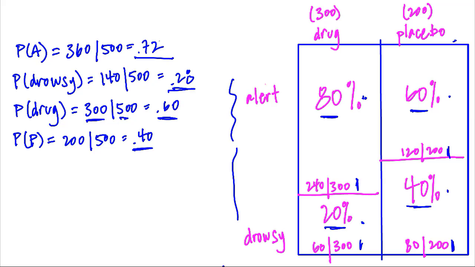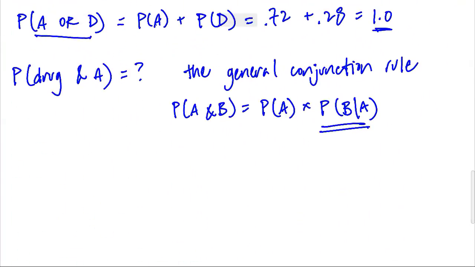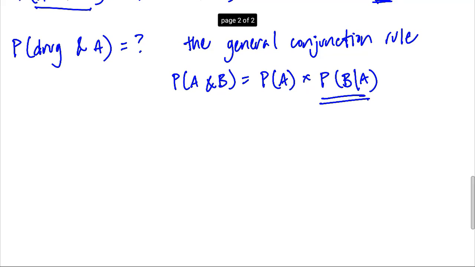If these two at the bottom are the same, which would mean these two at the top are also the same, then the variables would be independent. Okay, but they're not. So our variables are associated. So we use the general conjunction rule to find the probability of selecting someone from this population who got the drug and is alert.